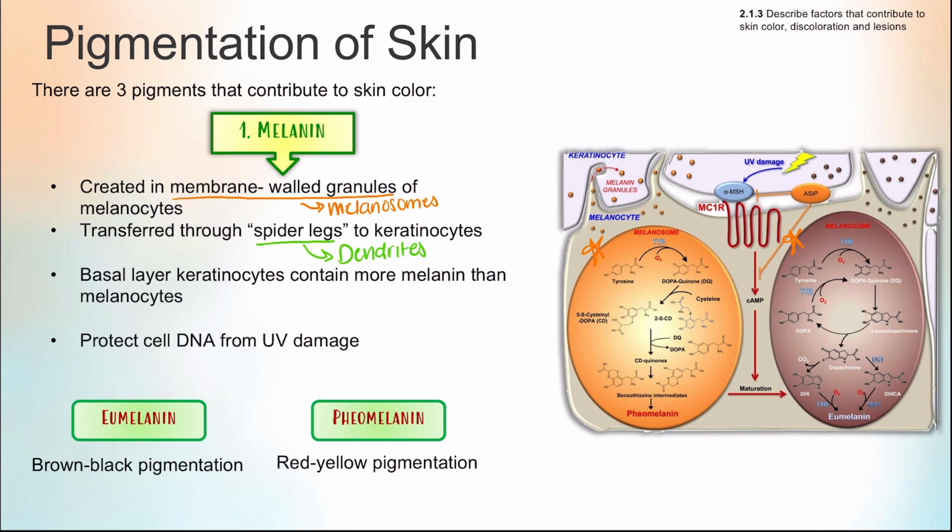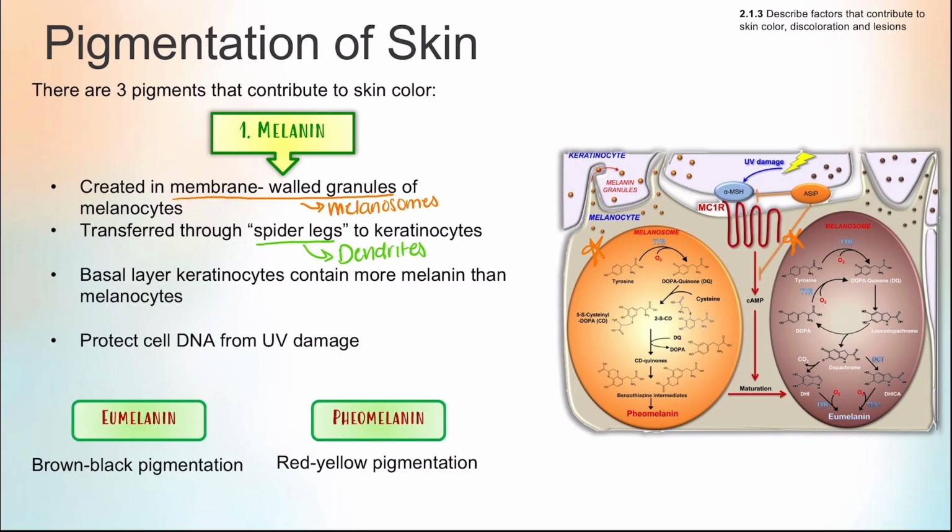These spider legs, or dendrites, are going to reach up into the upper layers of the basal layer and into some of the higher layers in the epidermis, and they are how we transfer the pigmentation from the melanocyte that is creating it into the keratinocyte, which is where we are actually going to see the pigmentation be present.